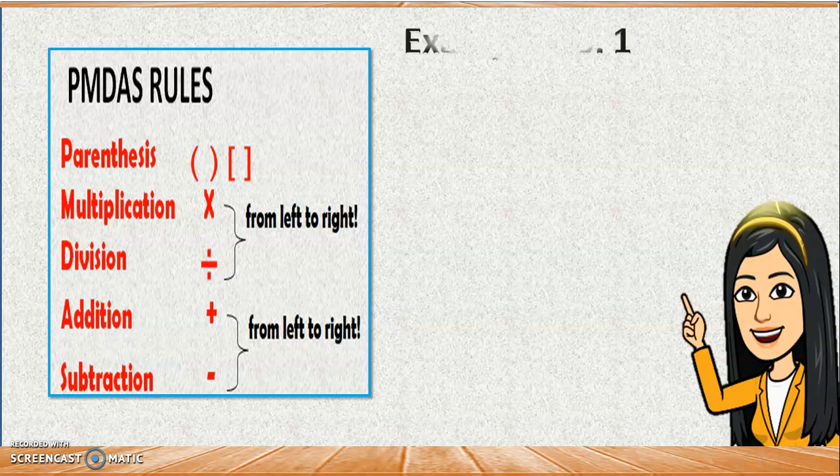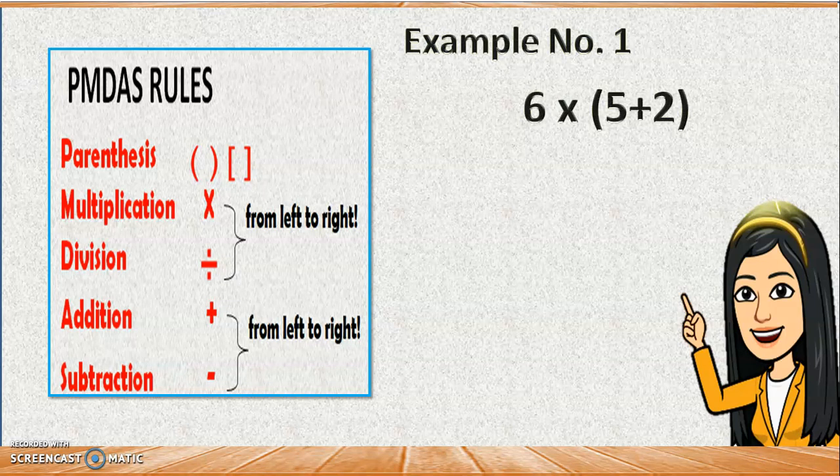Okay, I'm going to give you an example. Number 1. The equation is 6 times, open and close parentheses, 5 plus 2. Okay, alin ang mauna nating solve? Ang sabi sa rules ng PMDAS rule, the first one is the parentheses. So, very good. Yung nandun sa parentheses, 5 plus 2. So, you're going to solve first the 5 plus 2.